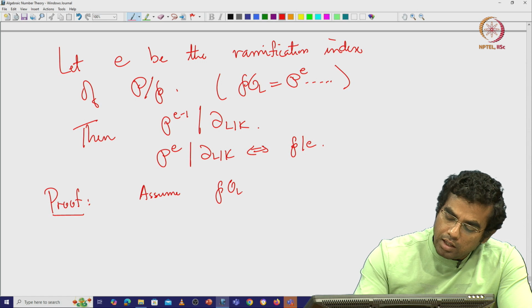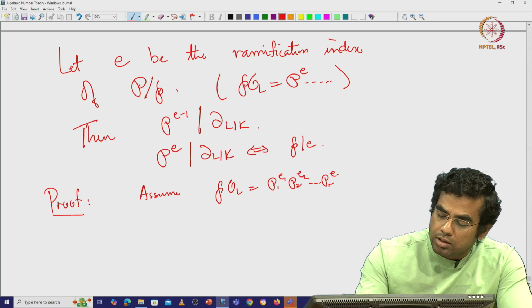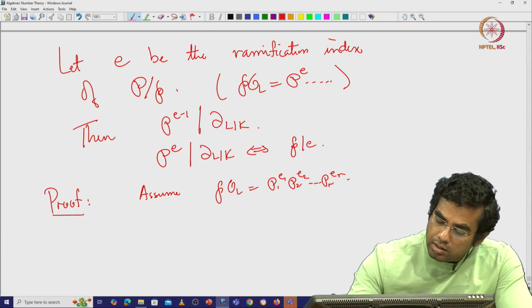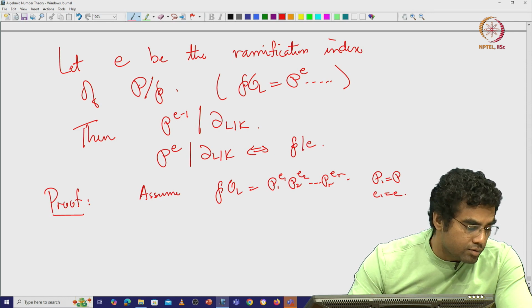Write p O_L as P1 to the e1, P2 to the e2, up to Pr to the er, and here P1 is equal to P and e1 is equal to e, and then other things are just what they are.